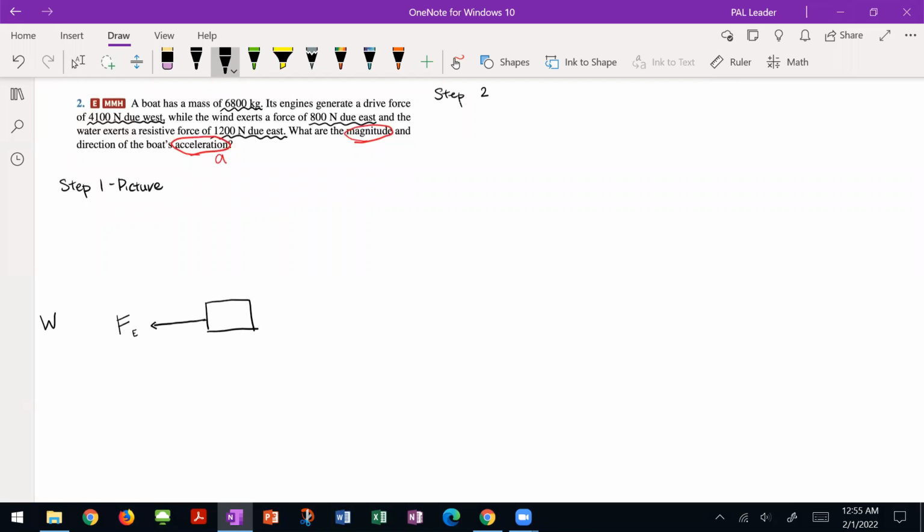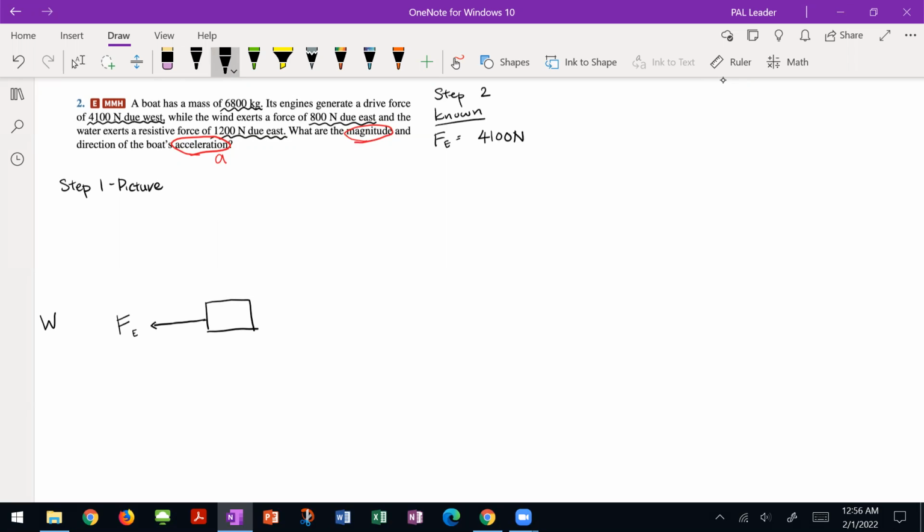Step 2 is known. I'm going to say that Fe is 6,800. Oh, oops, sorry, that was the mass. Our Fe is 4,100 newtons.